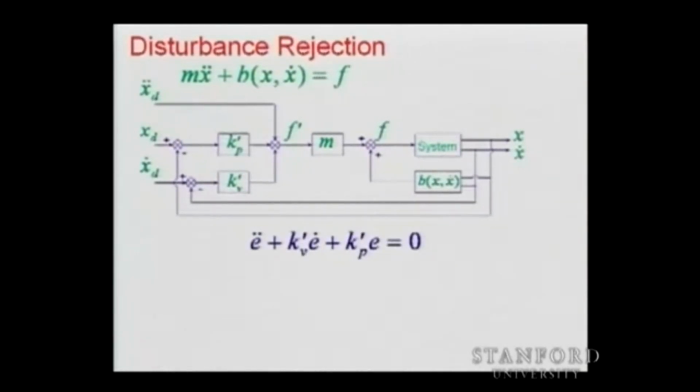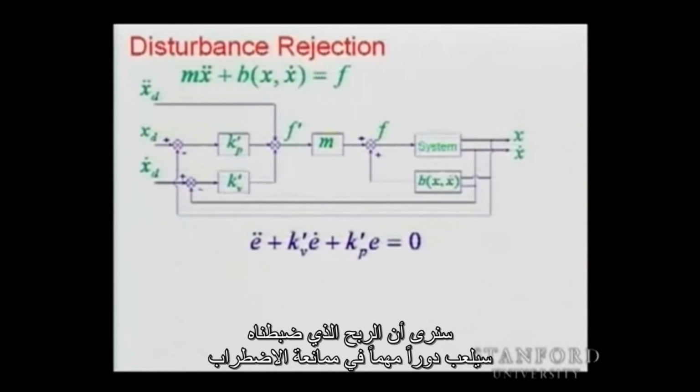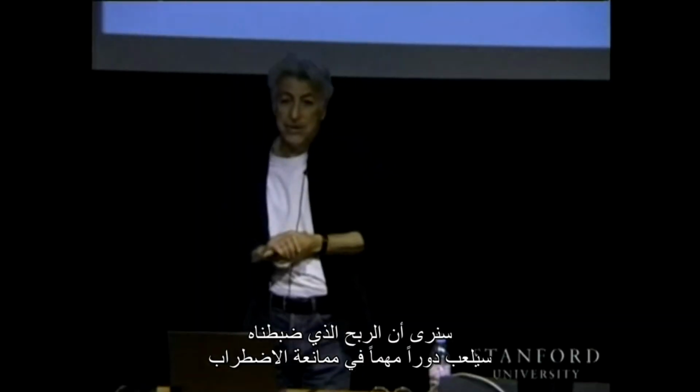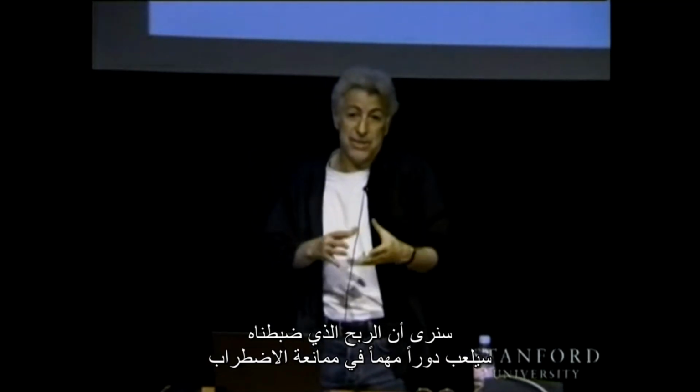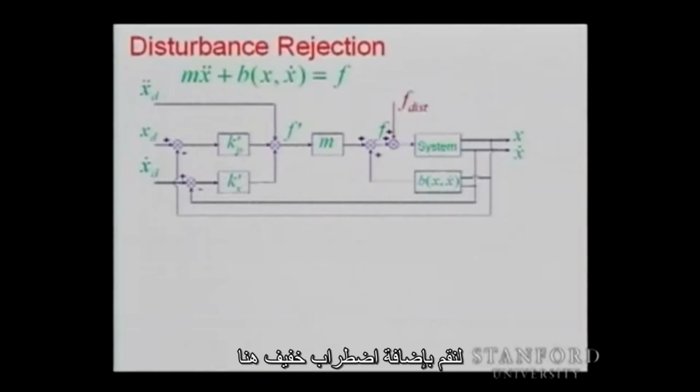As we start introducing disturbances in the system, we are going to see that these gains that we set are going to play a very important role in disturbance rejection. So let's add a little bit of disturbance here.